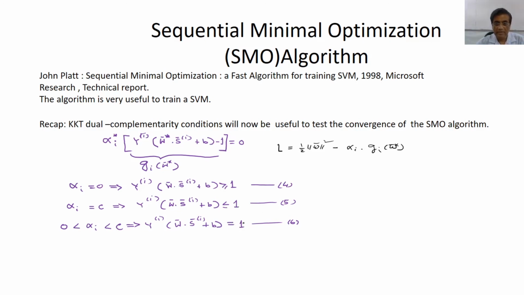So these are the three very important convergence criteria, called the KKT dual complementarity conditions, which will be useful for us for checking the convergence of the SMO algorithm.